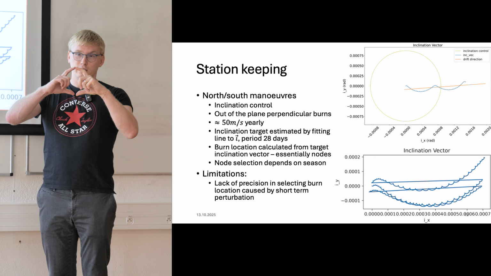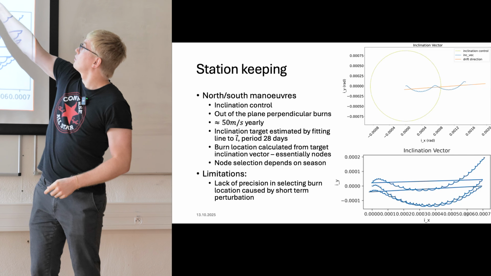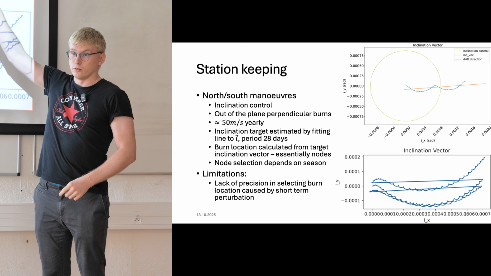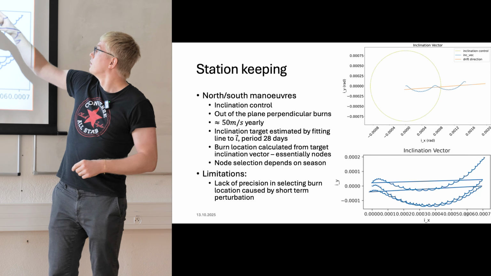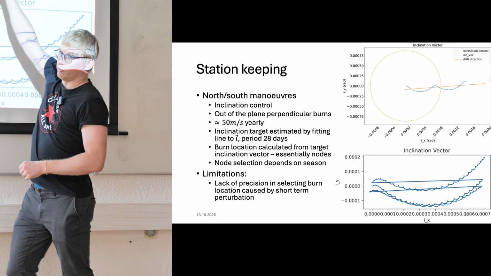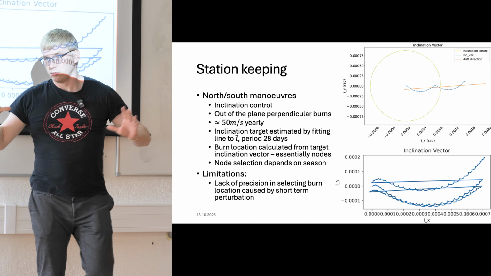Since you want to keep the inclination confined to some range of values, we are trying to confine it, for example, to the size characterized by this dashed circle. So the station keeping strategy is to get the inclination from one end to another, so it can evolve in the circle as long as possible without maneuvers.